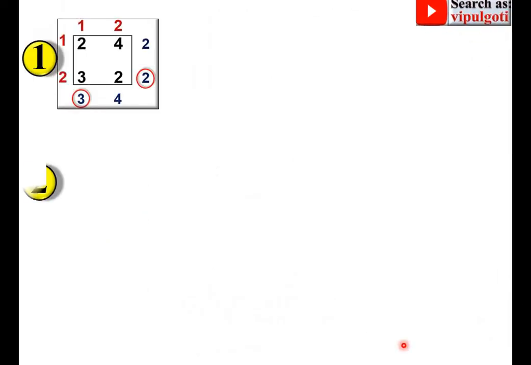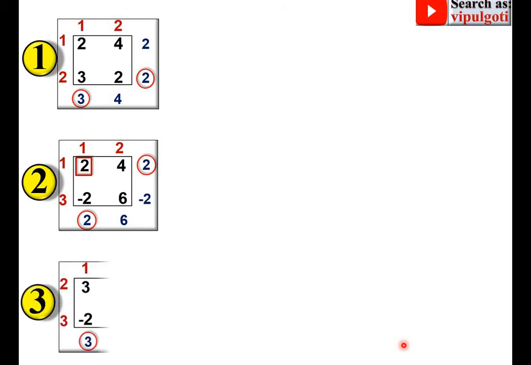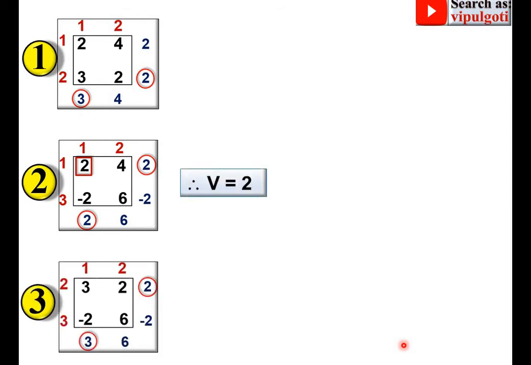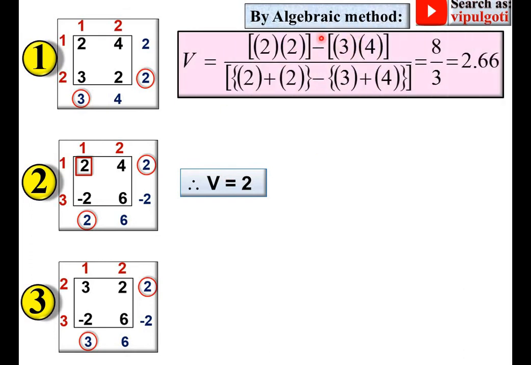We can say this is the subgame 1, subgame 2 that already we have discussed, and particularly for subgame 2 we have the value of game. Now I have to find the value of game for subgame 1 and subgame 3. So now I can apply algebraic method to find the value of subgame 1.